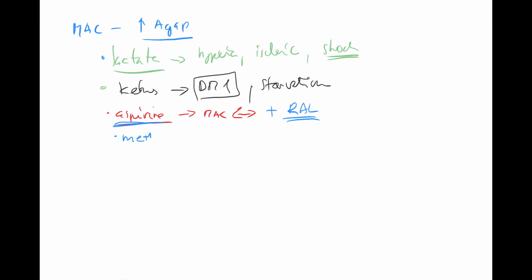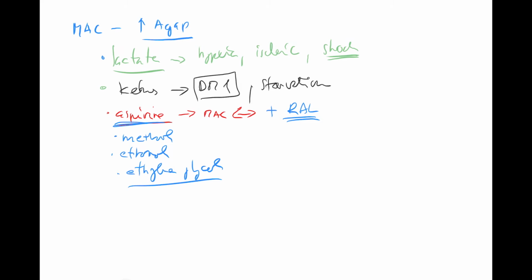Methanol, ethanol, so that's alcohol, and ethylene glycol. Ethylene glycol you put in the cars if you don't want your car to explode by ice in winter. You put there ethylene glycol, and unfortunately many people also drink it and they're dying.